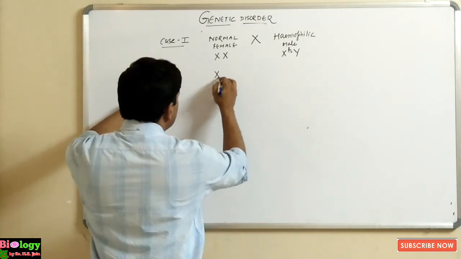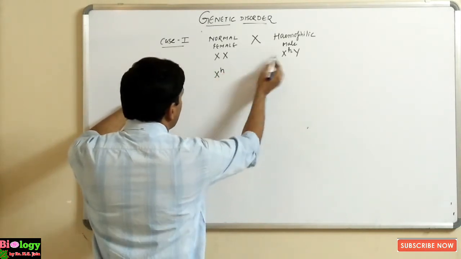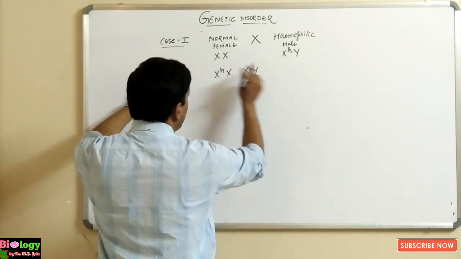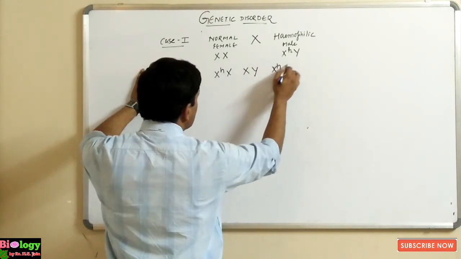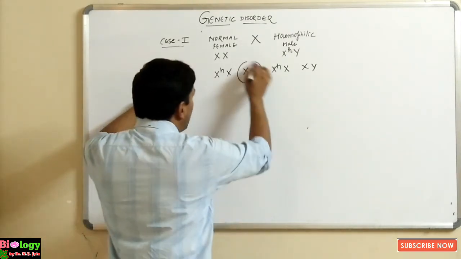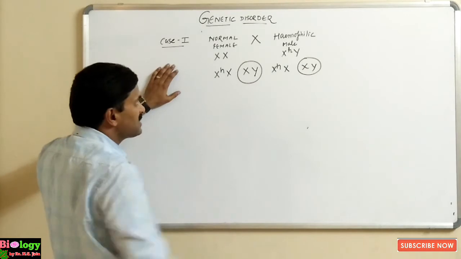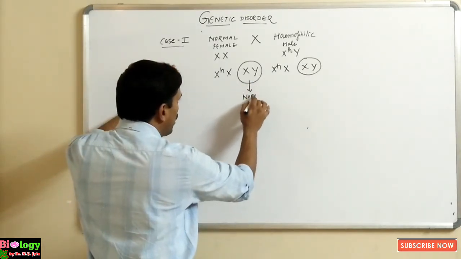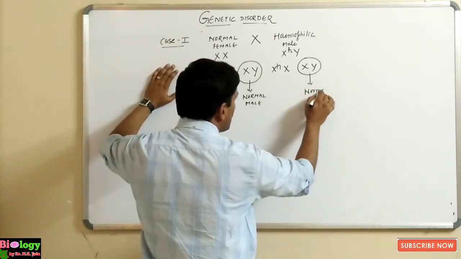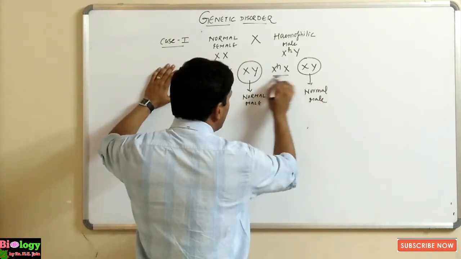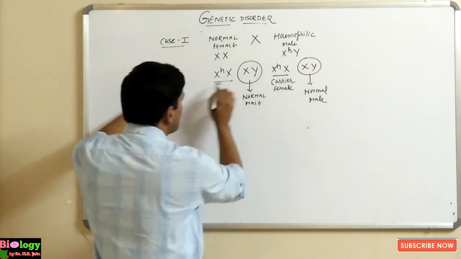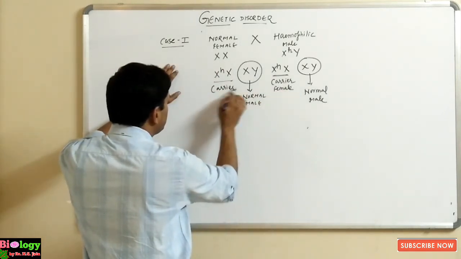Crossing these gives XHX, XHX, XY and XY. I am encircling the males so you can view them. This is a normal male, and this is also a normal male. This one is a carrier female, and this one is also a carrier female.